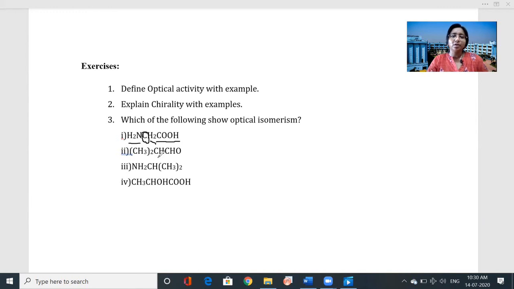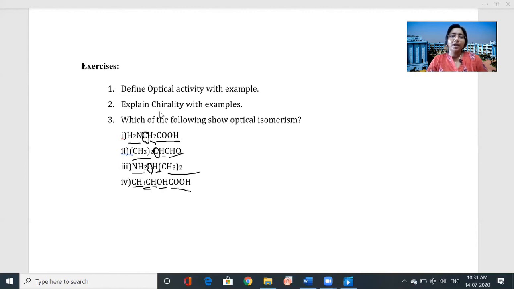Next, consider this carbon. It contains 1 hydrogen, 1 aldehyde group and 2 methyl groups. So this is also not chiral. The next carbon has 1 amine group, 1 hydrogen, 2 methyl groups, so it is also not. The last option, this carbon contains 1 CH3 group, 1 COH group, 1 hydrogen, and another OH group.